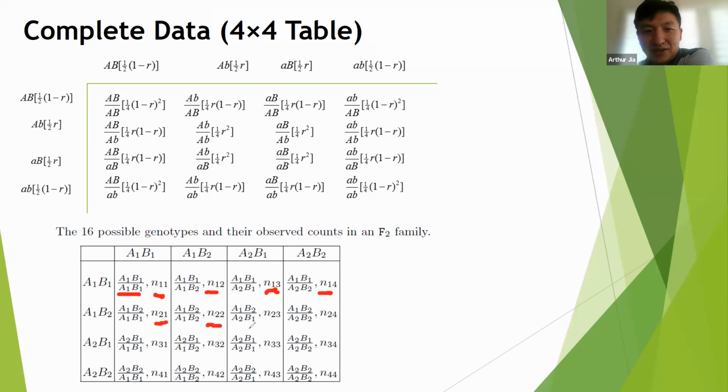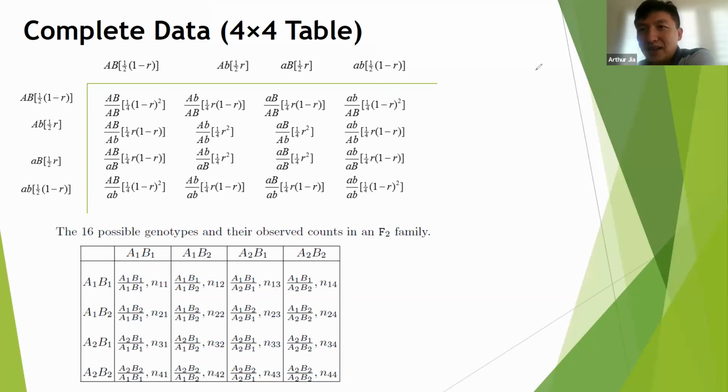Those are the data. In your F2 experiment, you end up with these 16 numbers, and each number represents the number of progeny in this category. Does that make sense?